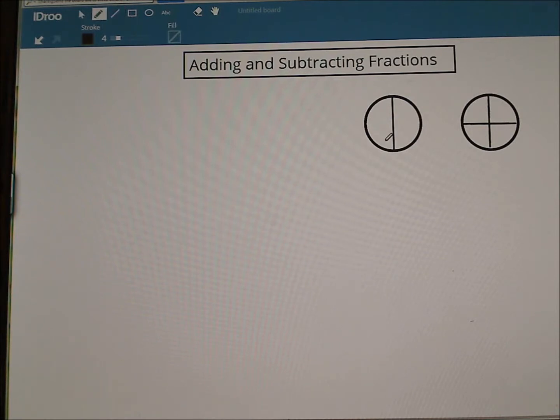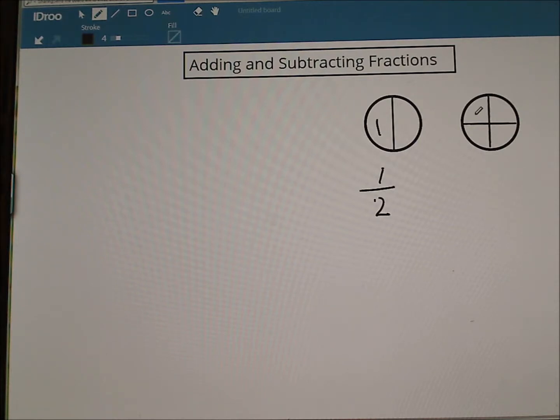Now this fraction here, if I am just concerned with one part of this fraction, then that is two separate parts, and I write my fraction as 1 over 2, or 1/2. The 1 represents a part, the 2 represents the whole.